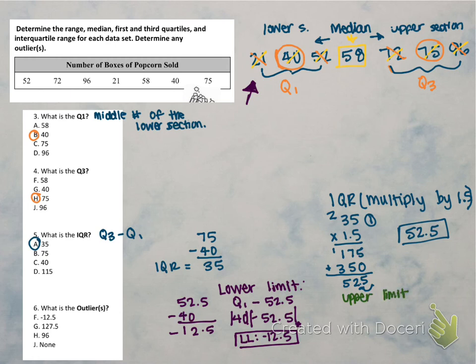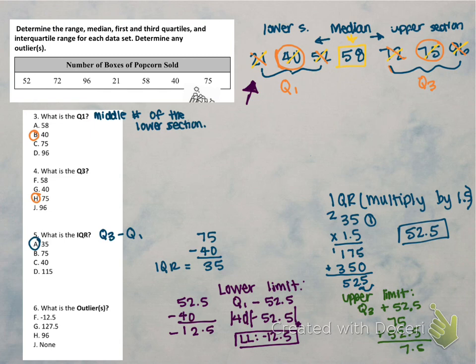Okay, so for the upper limit, we'll be using Q3, but instead of subtracting, we're going to add 52.5. Okay, so Q3, if we look back at our answer choices, was 75. So 75 plus 52.5. We could probably already tell that there's not. But 0.5, and then 5 plus 2 is 7.